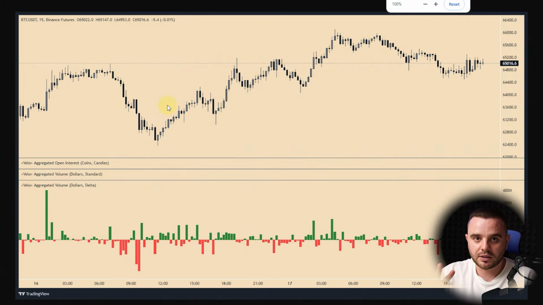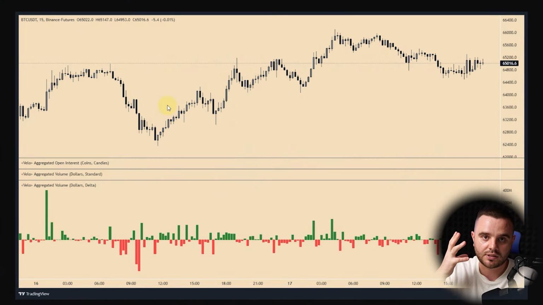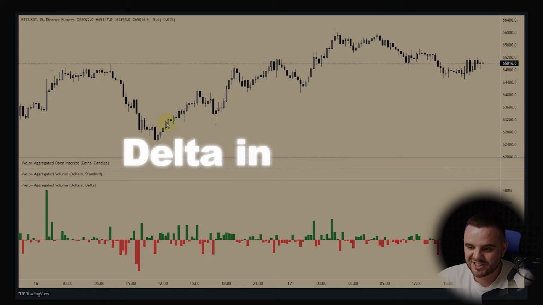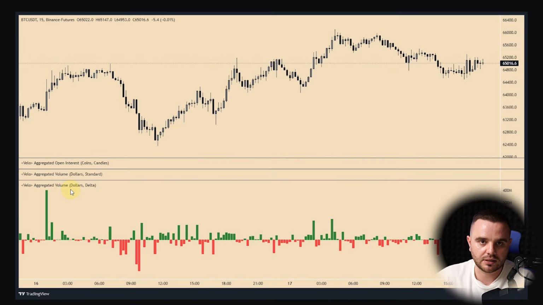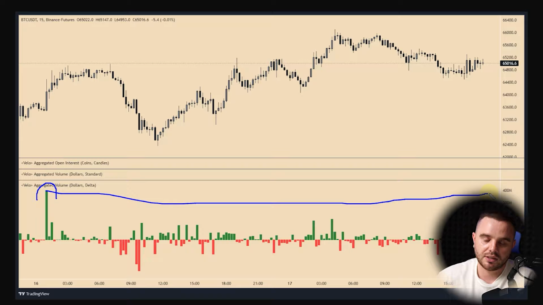Before I share a real example, let's dive deeply into how delta can look on a chart. We can have two types of delta. First, it is the delta of a candle, which calculates delta exactly inside of one candle. Example like this one, you can see this green one, it is a positive delta, 400 million. Those numbers could be in coins or in USD, depending on your platform settings.